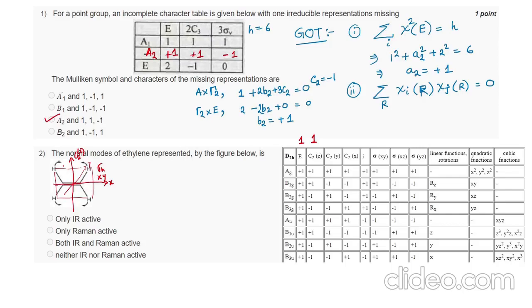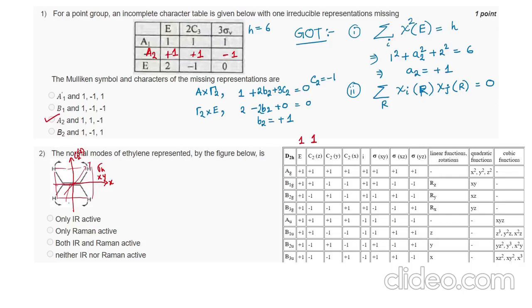So now if I change from like this, this H will come here, so it will be something like... I will come to C2y later.